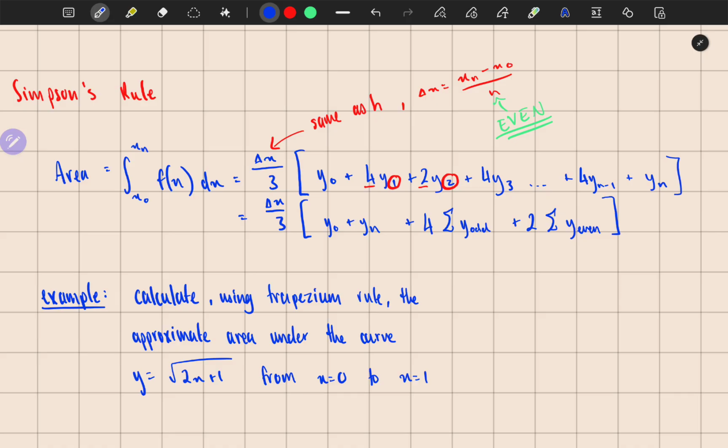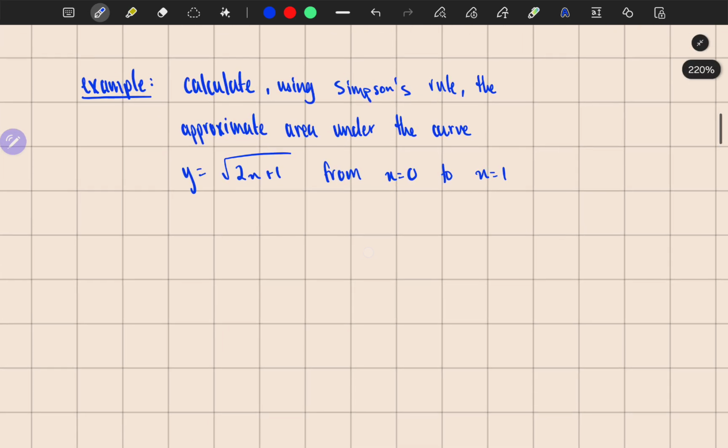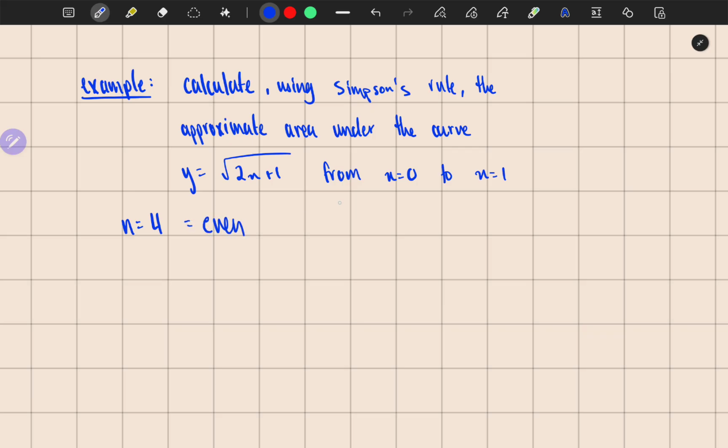So let's look at the exact same question. This should say Simpson's rule. Sorry, my bad. Let's say we're using Simpson's rule, but for the exact same question. Calculating the area under the curve of y equals square root of 2x plus 1 from x equals 0 to x equals 1. We can do the exact same thing we did before and divide into 4 regions, so we can let n equal 4, because this is an even amount of gaps in between.